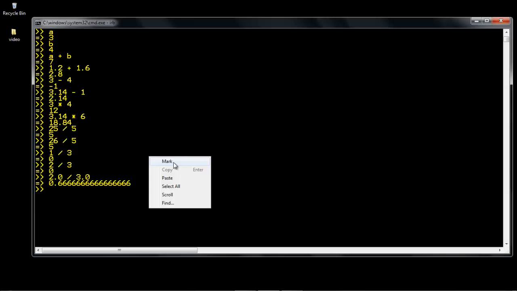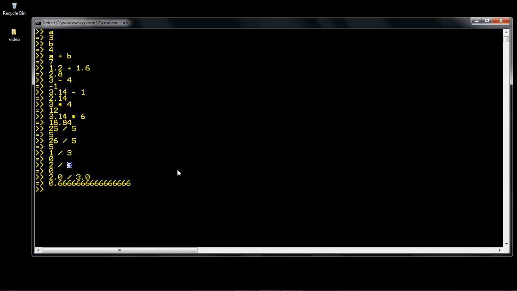Let me say again. If the two operands for the addition, subtraction, multiplication, division operators, if both operands are integers, the answer will always be an integer. If both operands are floating point numbers, or if one of the two operands is a floating point number, the answer will be a floating point number. So in this case, a float divided by a float will give you a float.